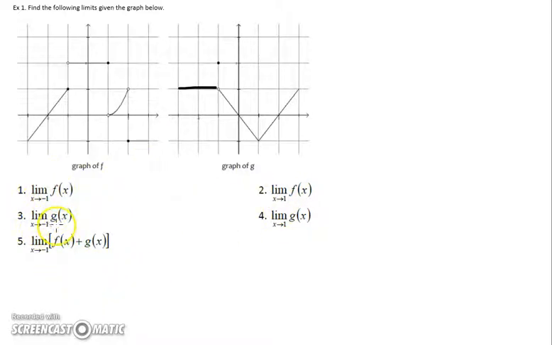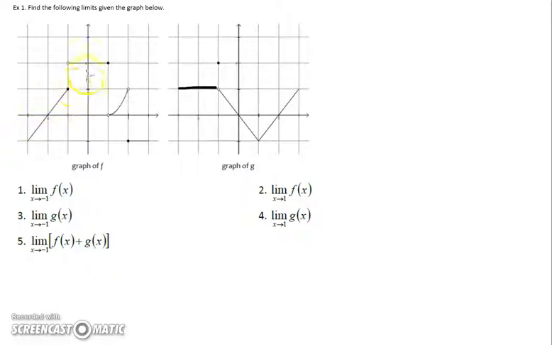If we look at number 1, it's the limit as x approaches -1 of f of x. So here's f, so we're going to look at the graph. This x value of -1 is the value that we want to be getting closer to on each side, and then we want to find out what y value we're getting close to. As I get closer and closer to -1 from this direction, I'm approaching a y value of 1.